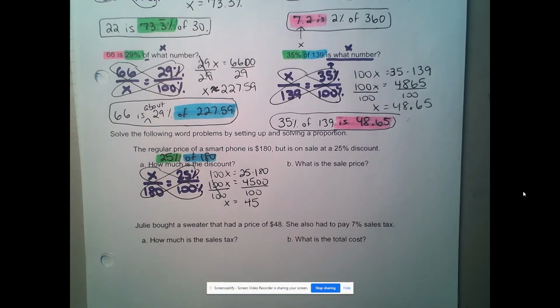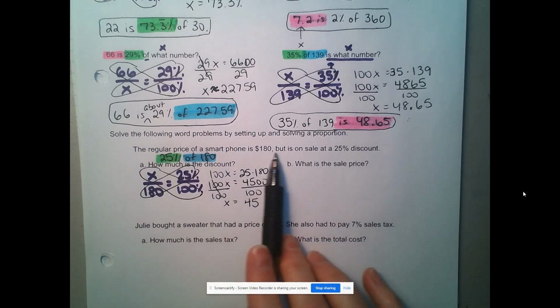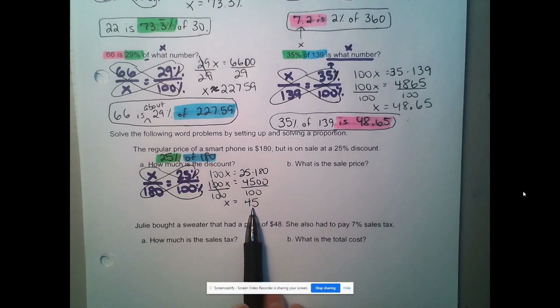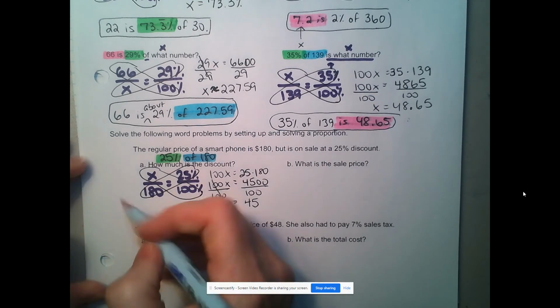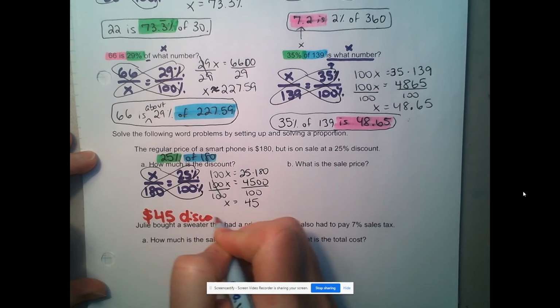Now, what's the 45? Let's read the question again. The regular price of a smartphone is $180, but it is on sale at a 25% discount. So 45, the thing we were looking for, the part they're going to take off, the is number. So they're going to take $45 off. So there's going to be a $45 discount.